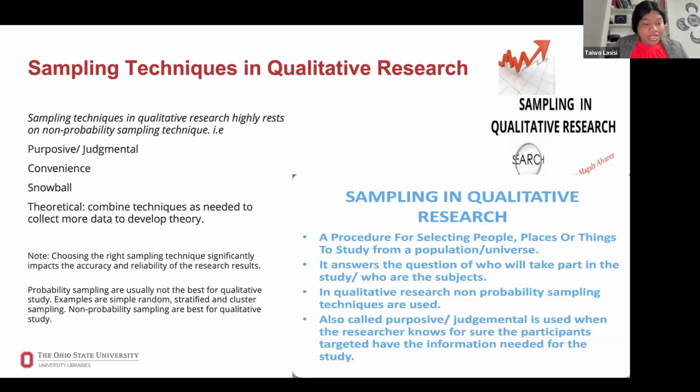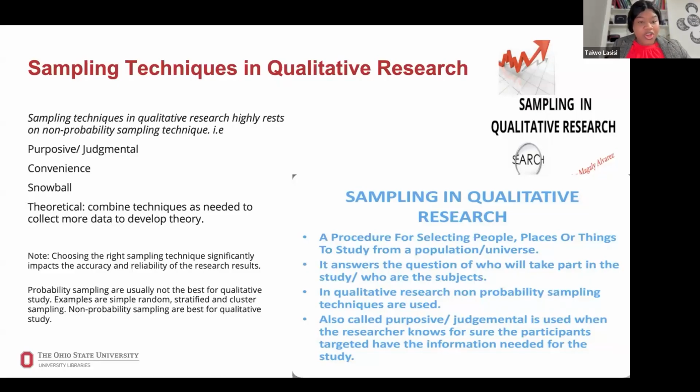We also have snowball sampling, which is like a rolling sampling. Maybe you're conducting an interview, you meet someone and interview them on a particular topic, and they refer you to two more people, and those two refer you to four more people. So that's like a snowball.